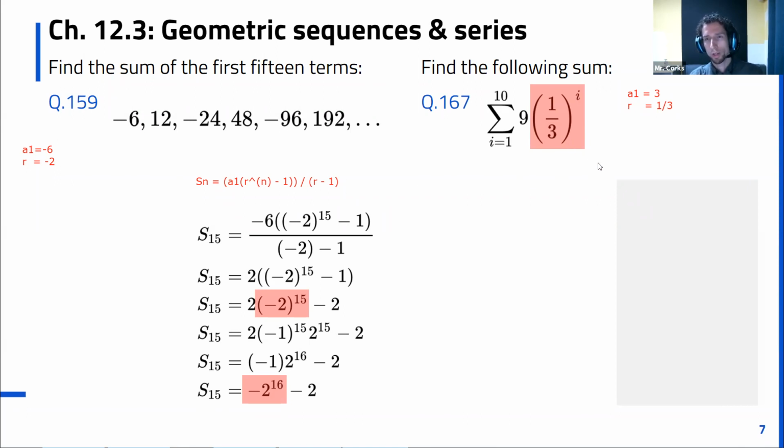Which version of the partial sum formula seems more convenient here? Do we want the one where we have r minus 1, or the one where it's 1 minus r? 1 minus r. The absolute value of r here is less than 1.